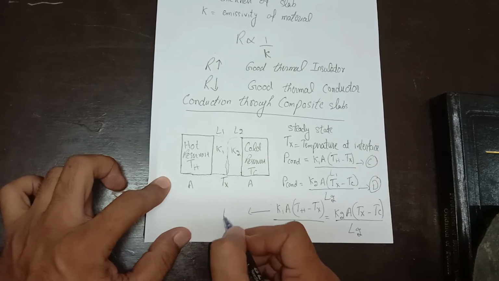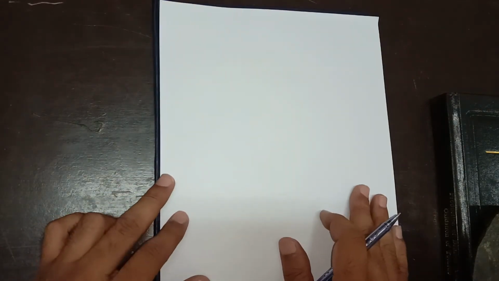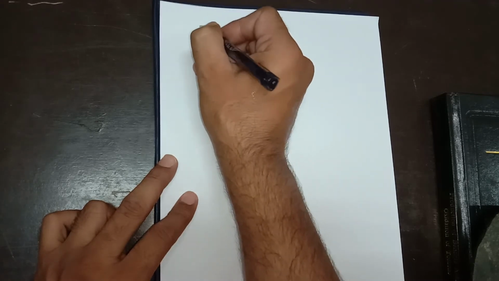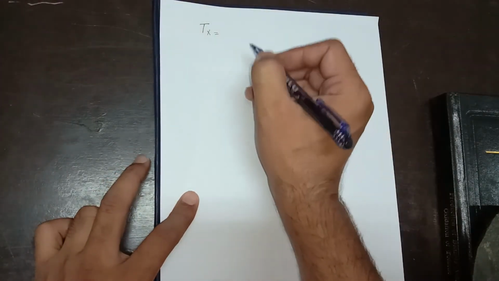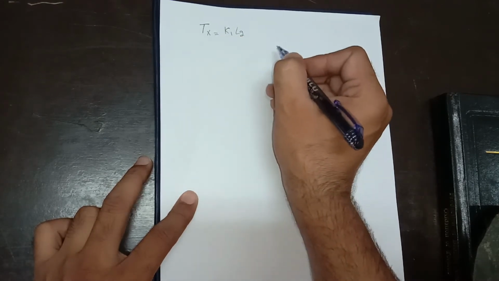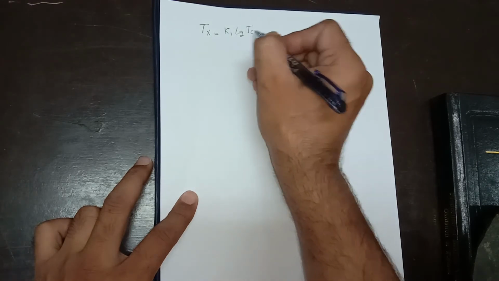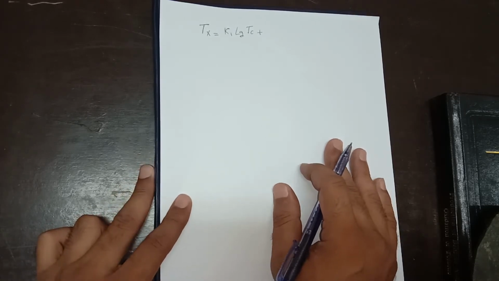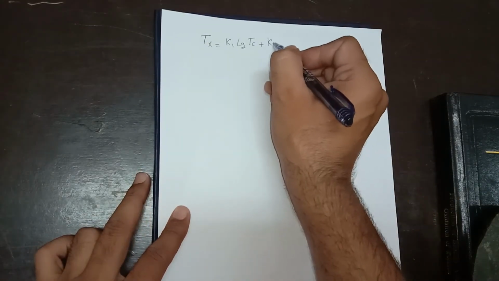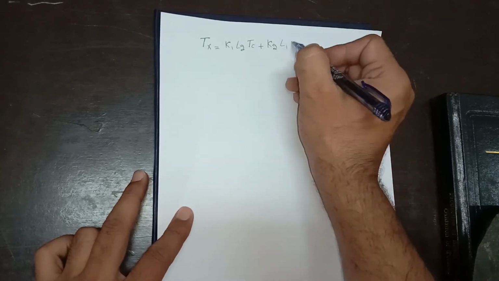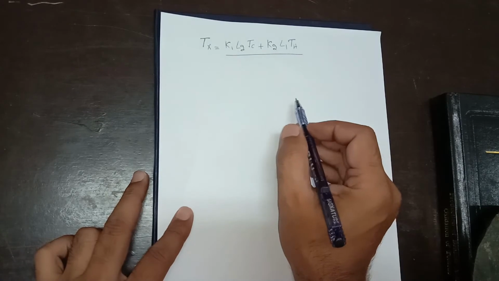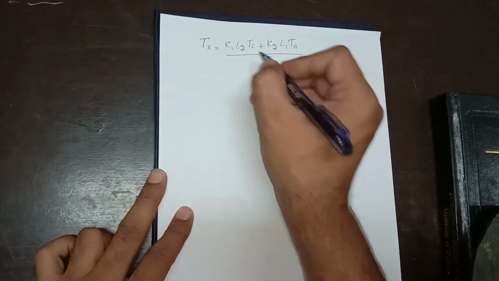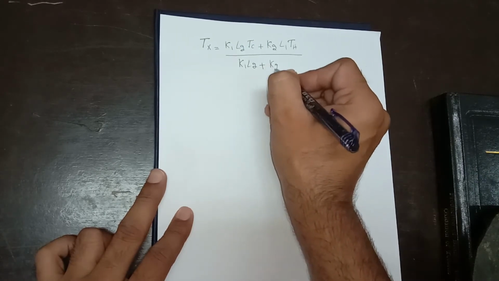Let me call this equation E. Now when you solve equation E for Tx, meaning you want to eliminate Tx from this equation, Tx comes out to be (K1 times L2 times Tc plus K2 times L1 times TH) over (K1 L2 plus K2 L1).